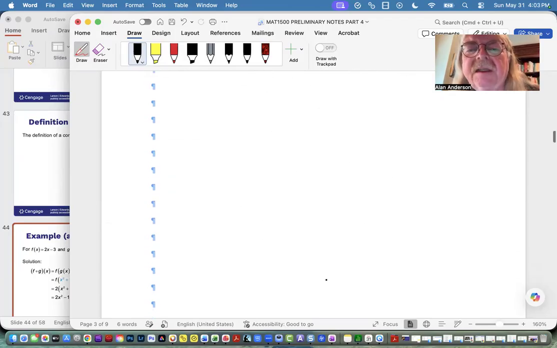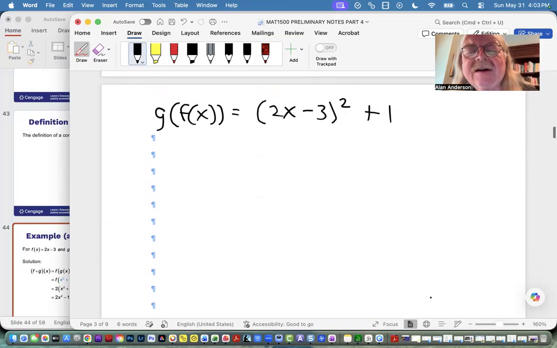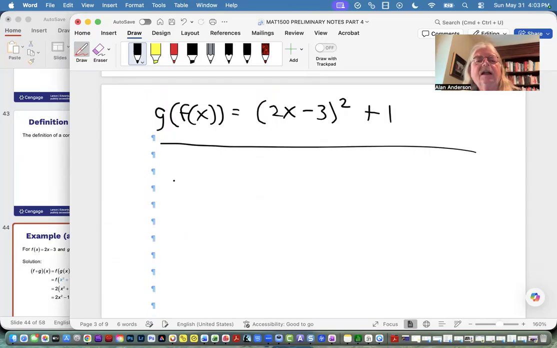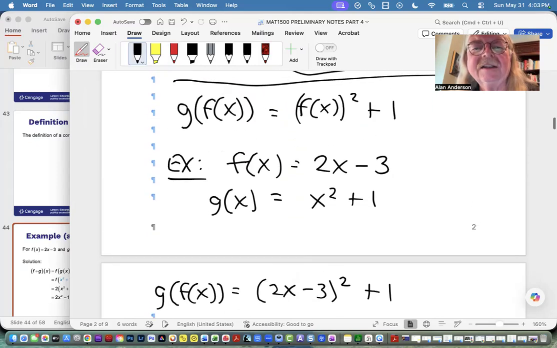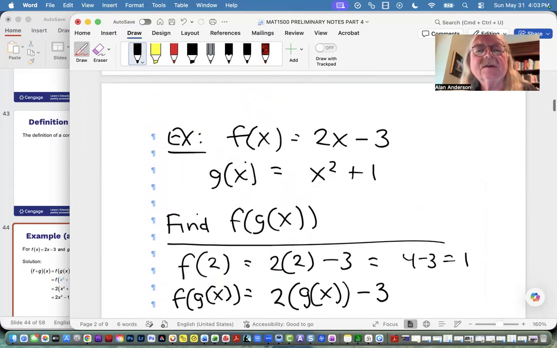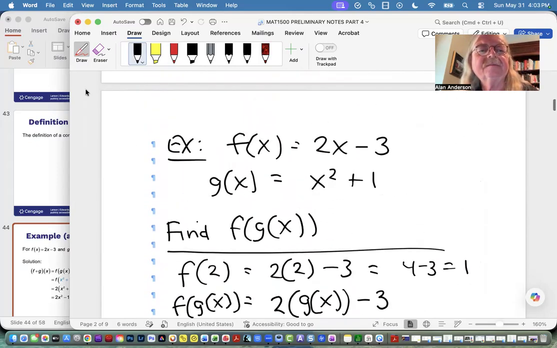Okay. Now, it turns out, interestingly enough, we can also define f of f of x. That's right. You can do that too. So let's see how that would work.